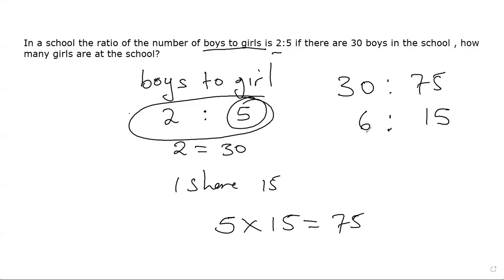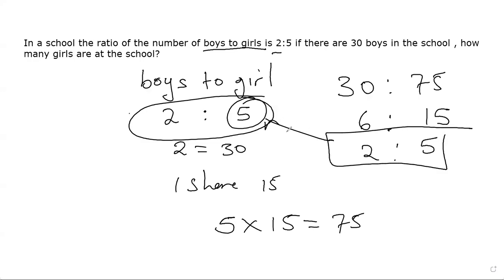Then we can use 3. 3 goes into 6 2 times. 3 goes into this 5 times. See it? When I break it down, it's equivalent to 2/5. So for every 2 boys, you're gonna have 5 girls. And that's it. All right, so it will have a total of 75 girls.